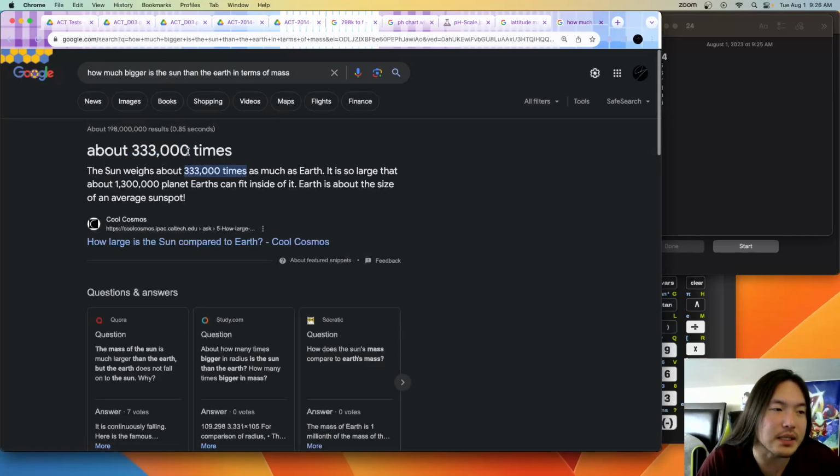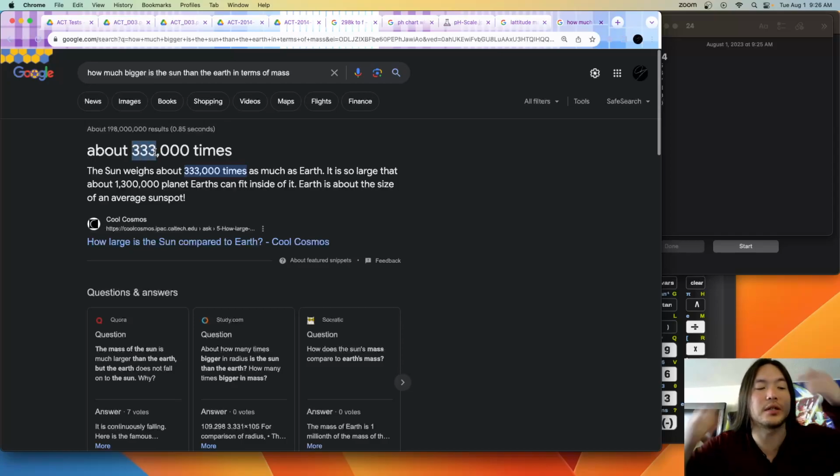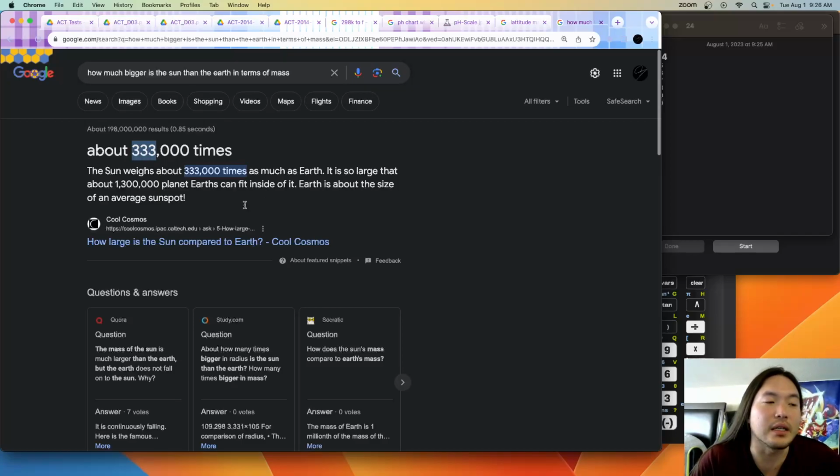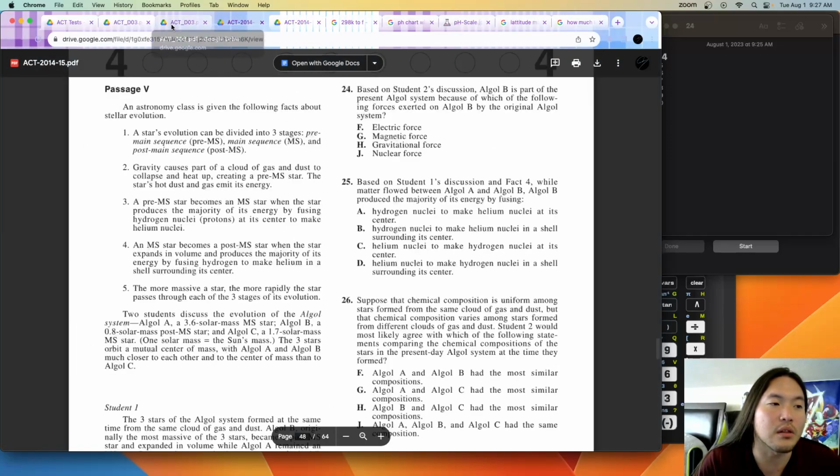This makes more sense. It's about 333,000 times as big as the Earth. So once you get enough hydrogen gas that you're 333,000 times as big as the Earth, the gravity of that gas becomes so large that the gravitational force.